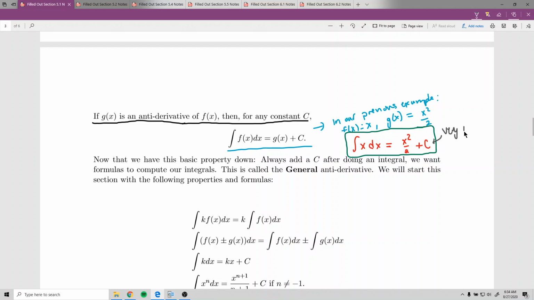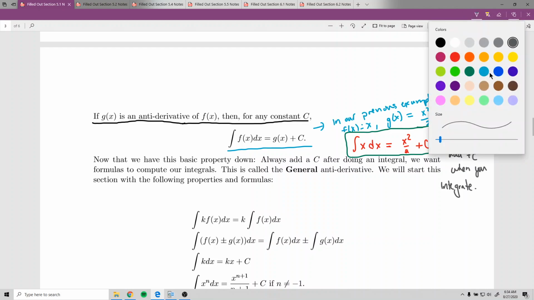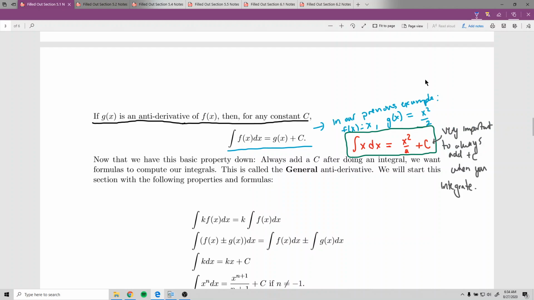Very important to always add plus c when you integrate, the act of doing an integral being called integrating. We won't see until section 5.5 when you don't actually add the plus c, but it takes on a different form. So for now, until we get there, we will be adding on a plus c every time.